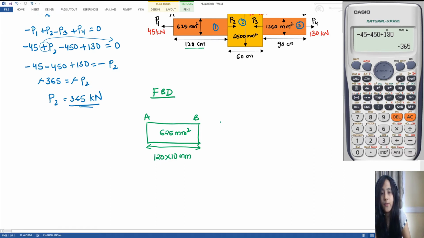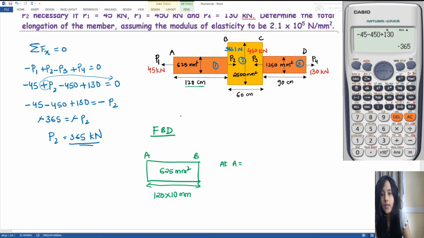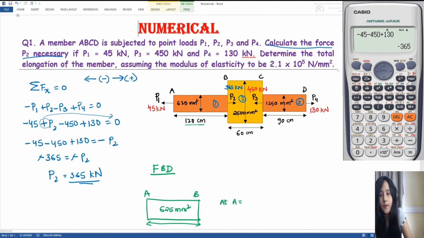Now let us find the force at the left hand side of this section, at A. Similarly, like we did yesterday, you draw a line from here. From this section till here it will be the left hand side of the AB section, and from here to here it will be the right hand side of the AB section.